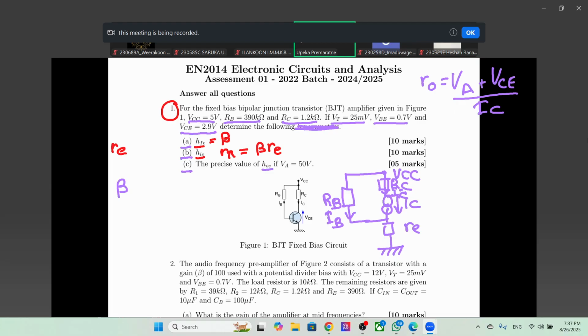VCC is equal to RB IB plus VBE, so IB is equal to VCC minus VBE divided by RB. That is 5 minus 0.7 divided by 390 kilo ohms.